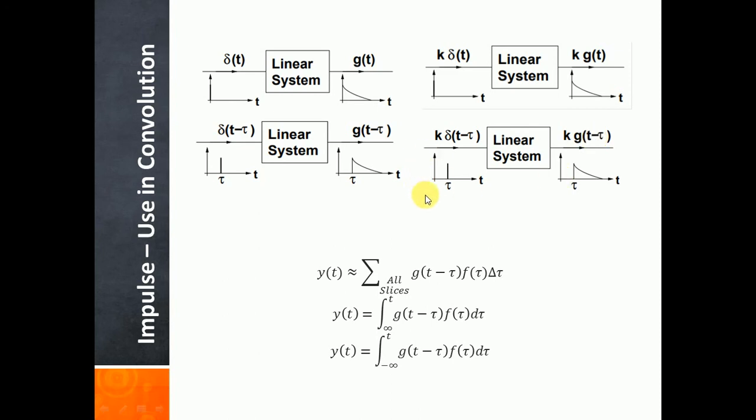Most of the systems in undergraduate are LTI. So the output is the convolution of the signal with the impulse response of the system.